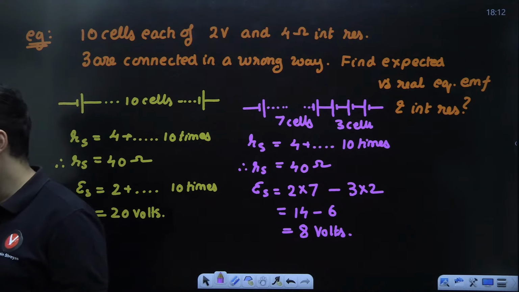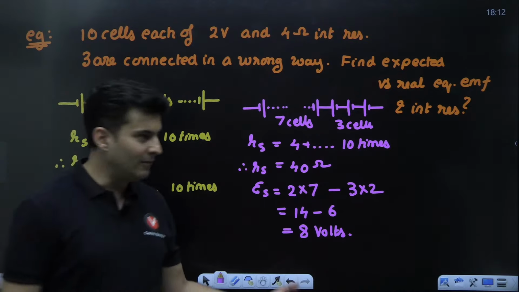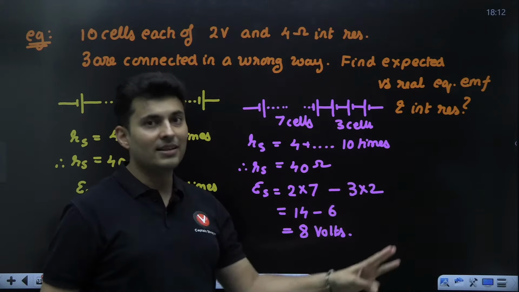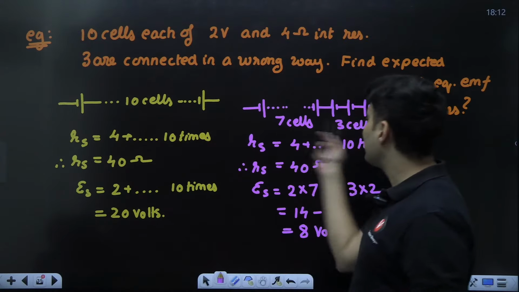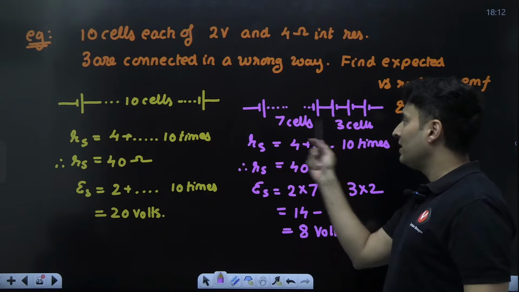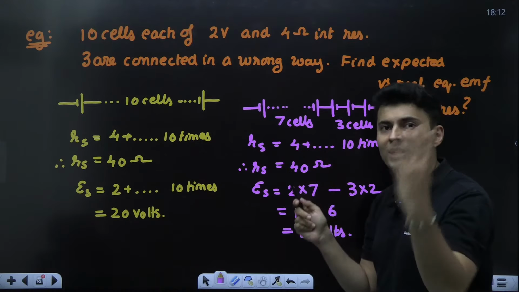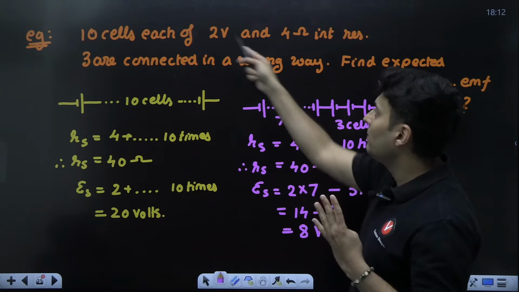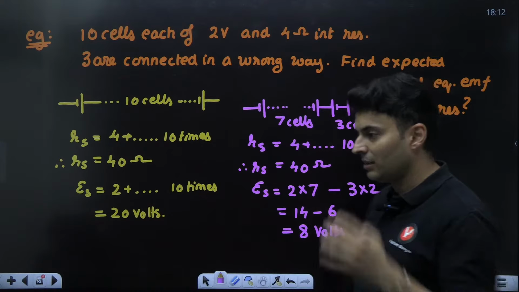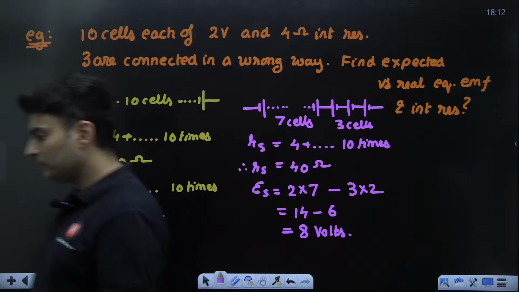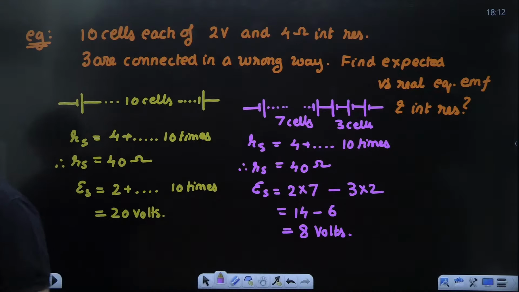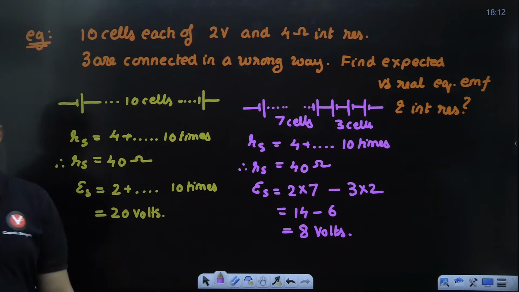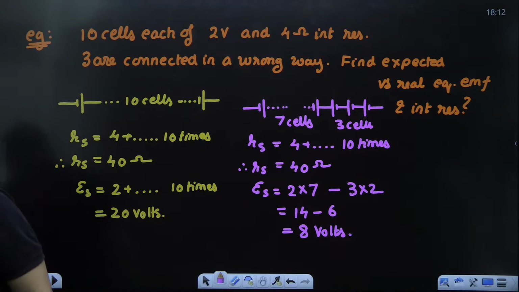Massive difference, just because 3 cells will now nullify 3 cells. So out of 7, 3 went off. Only 4 effective cells are remaining, each cell 2 volts, so 4 into 2 is 8. That's another way of looking at it. Cool. Shall we go ahead, my dear warriors? Understood till this point?